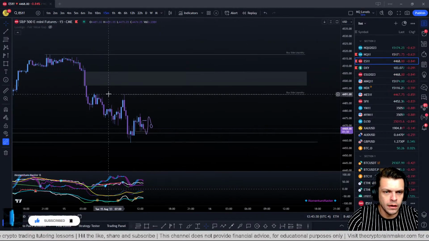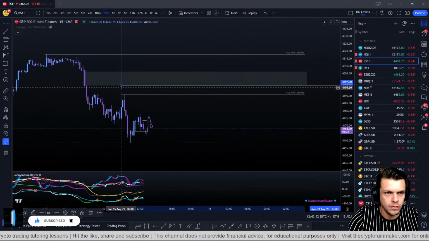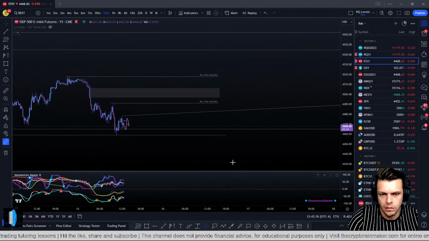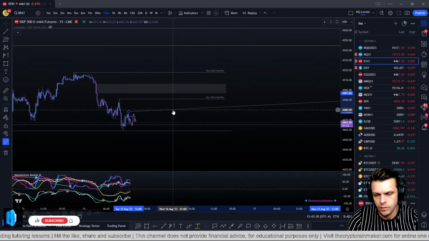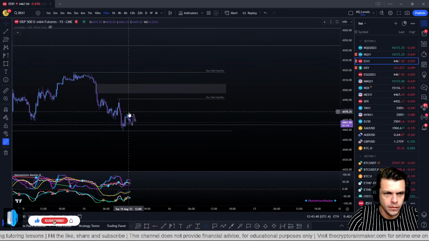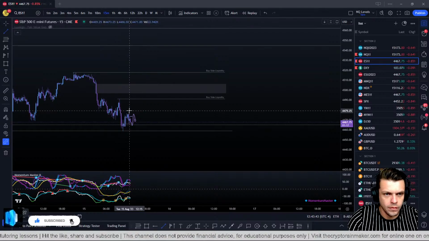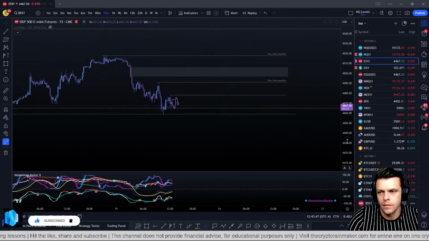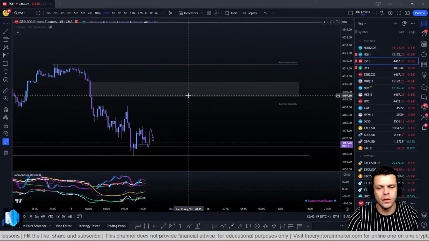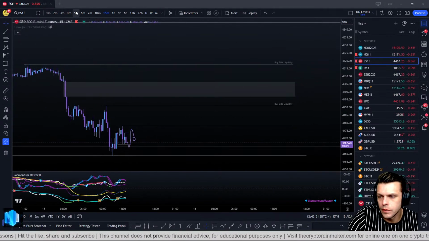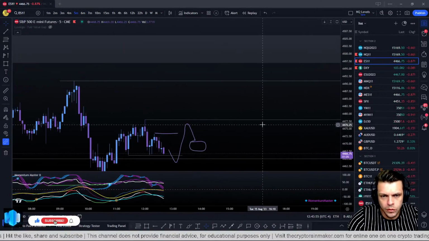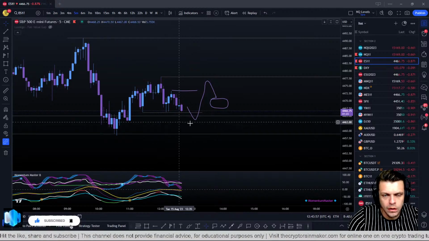Okay, so I think if I get in, I'm gonna be looking at that high for a potential TP. Yeah, if this plays out, then now we're getting that move towards these lows right here.